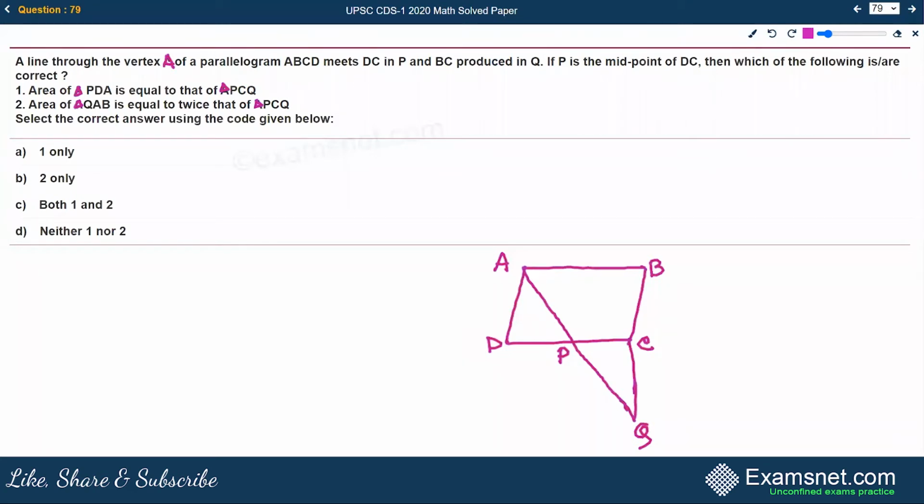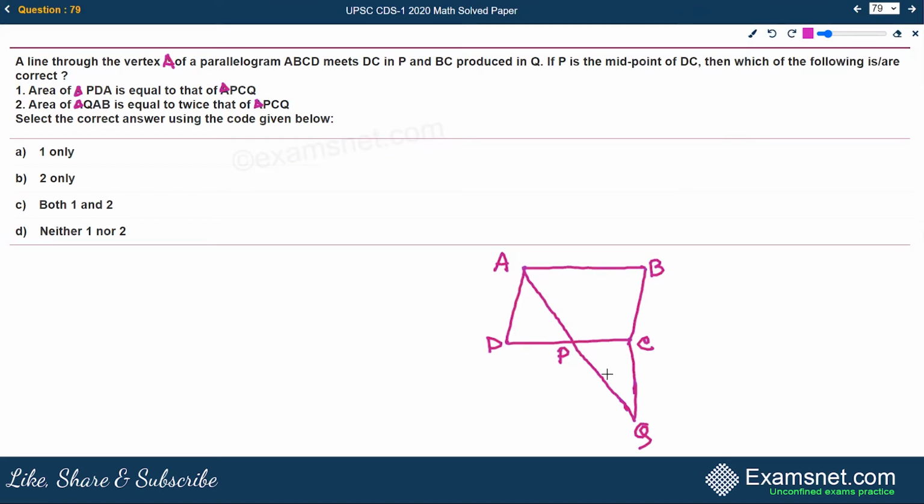In question number 79, it is given that a line through the vertex A of a parallelogram ABCD meets DC in P and BC produced in Q. If P is the midpoint of DC, then which of the following is or are correct? Area of PDA is equal to that of PCQ, and area of triangle QAB, the greater one, is equal to twice that of triangle PCQ.